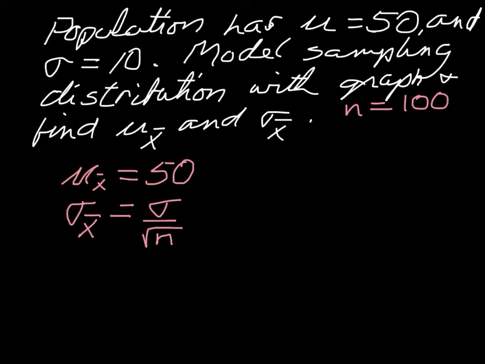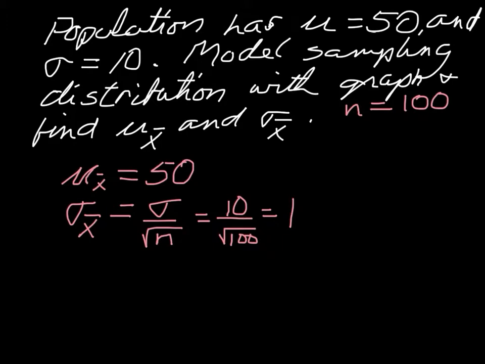Then in our formula, all we would do is say the standard deviation is 10, and we would divide it by the square root of 100, which is 10, so we would get that the standard deviation of the sampling distribution is 1.